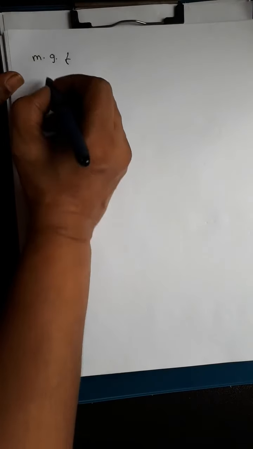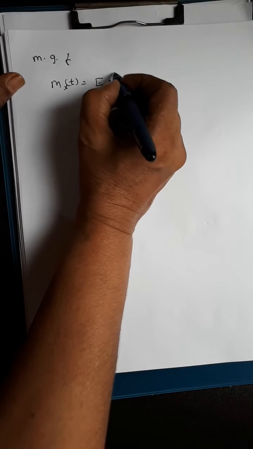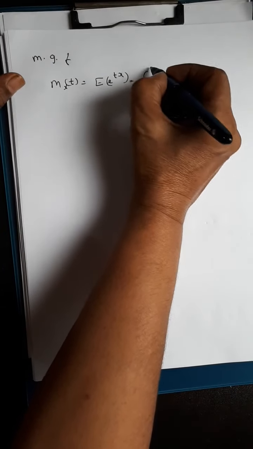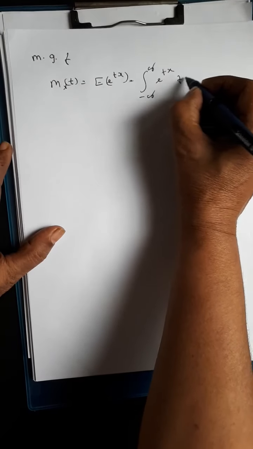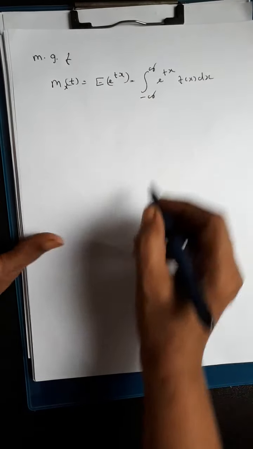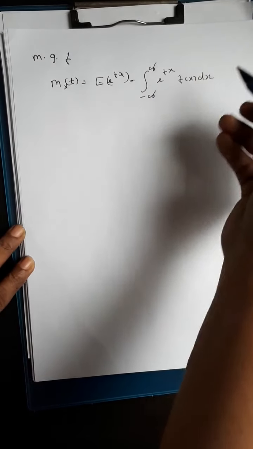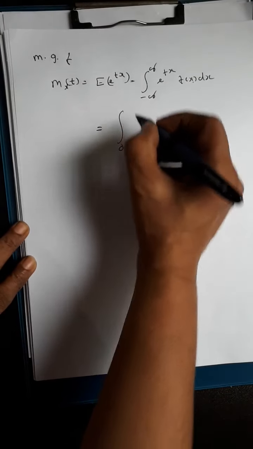Now let us study the moment generating function of a gamma random variable. M x of t, by definition, is the expectation of e raised to tx, that is the integral minus infinity to plus infinity e raised to tx f of x dx. Here the range is from 0 to infinity.